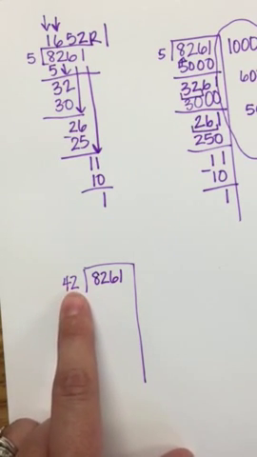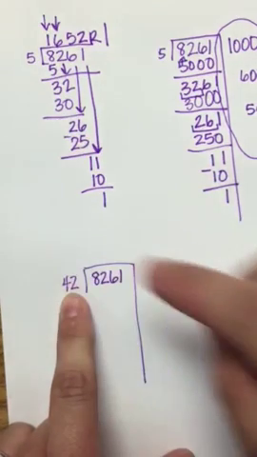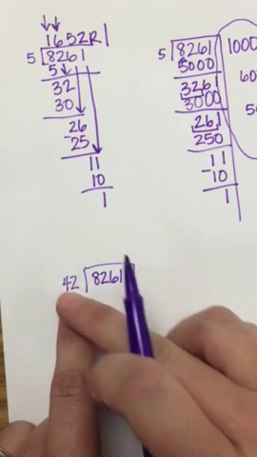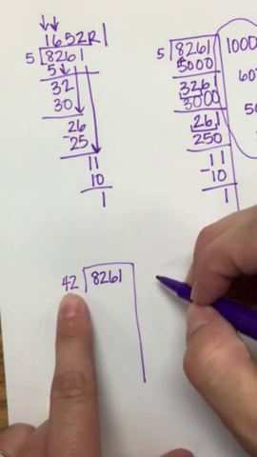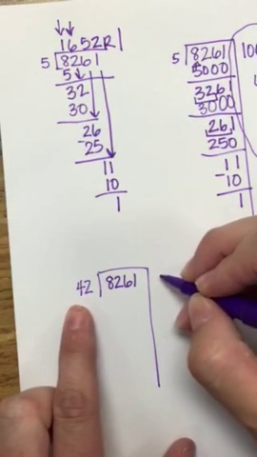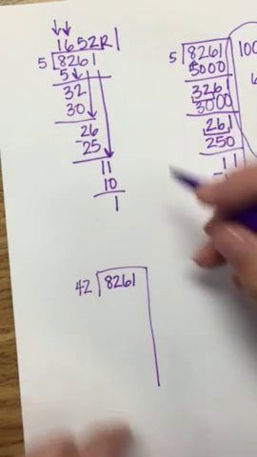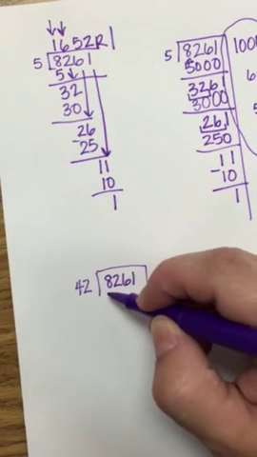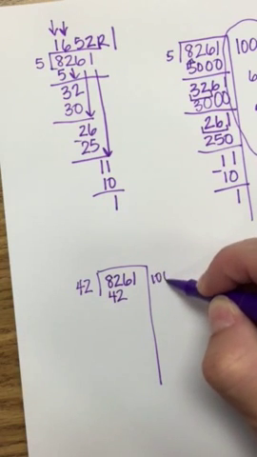But what I do know, instead of going off to the side and having to do all my multiplication facts for 42, is my powers of 10, so I know that it's going to go in one time here, so that's 42, and it's 100.